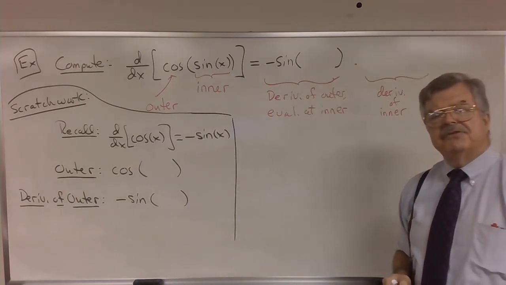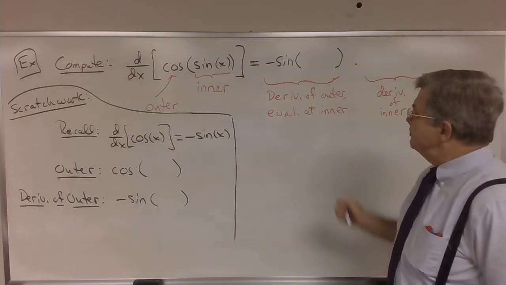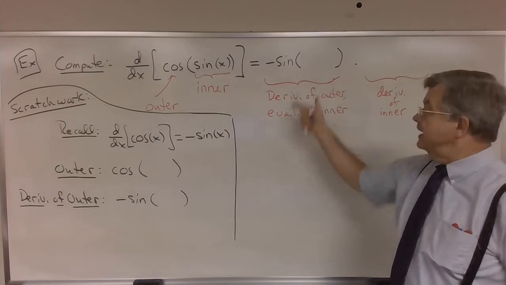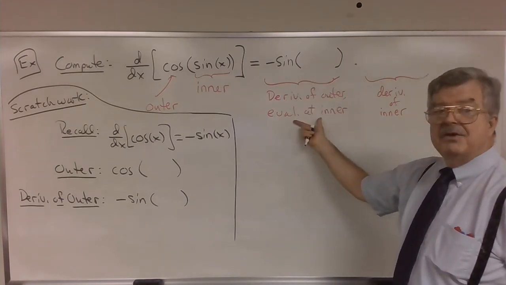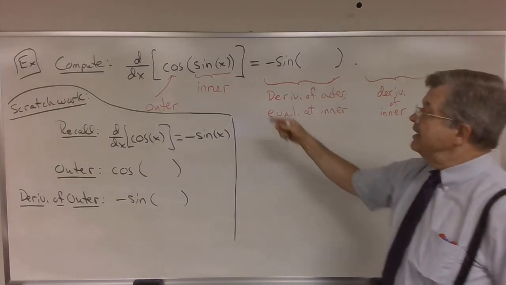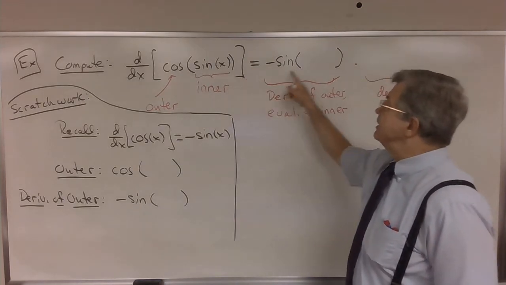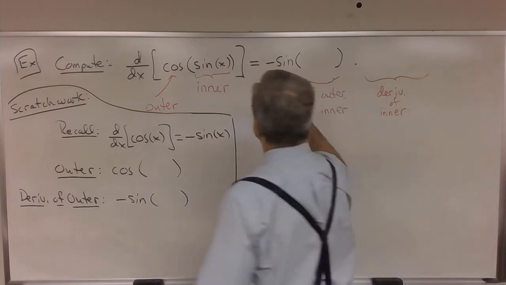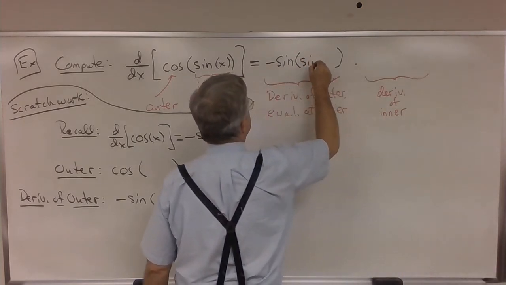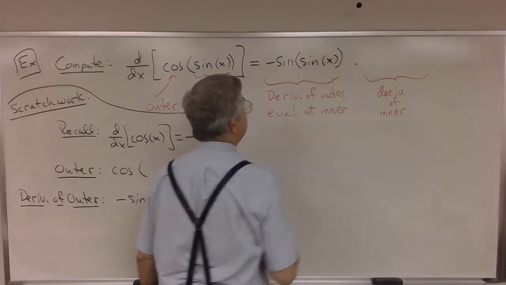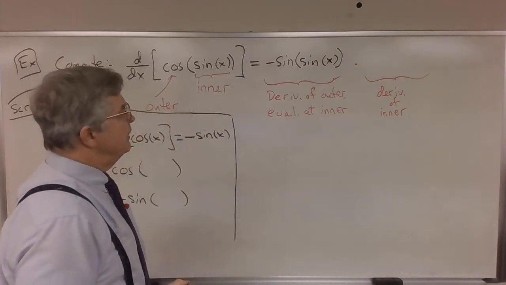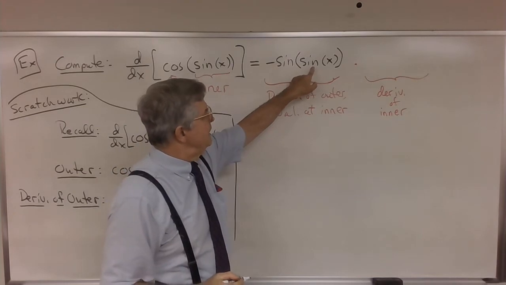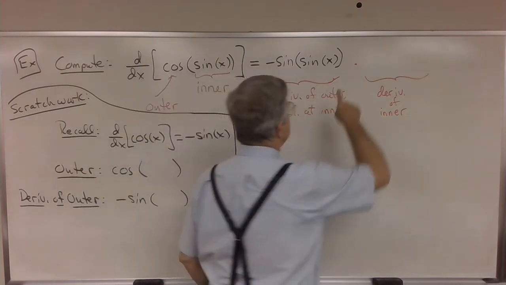Now what are we supposed to do? The chain rule says we're supposed to take the derivative of the outer, this thing, and evaluate it at the inner function. In other words, we take the inner function and we plug it in here. So we take sine of x and pop it right in. There we go. There's the derivative of the outer, evaluated at the inner, sine of x.